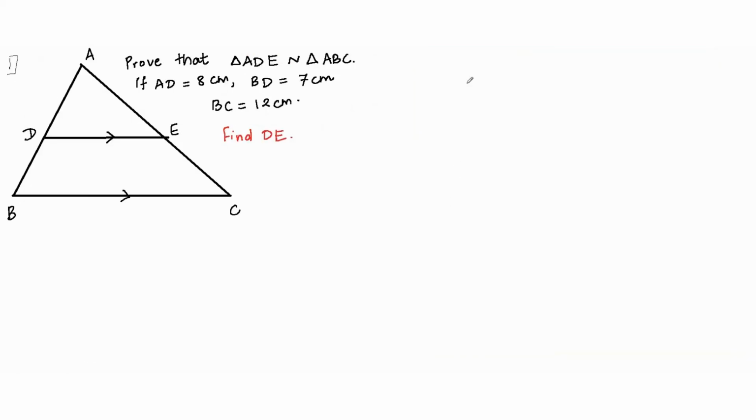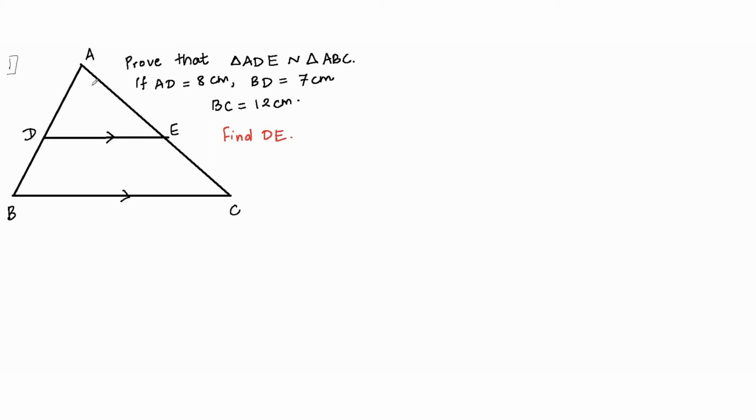Let's consider this question shown on the board. We have triangle ABC and we have DE drawn parallel to BC. We have to prove that triangle ADE is similar to triangle ABC, and the measurements are also given. We have to find DE.